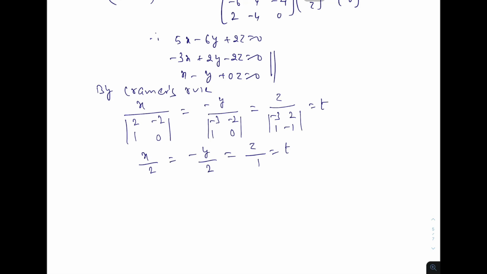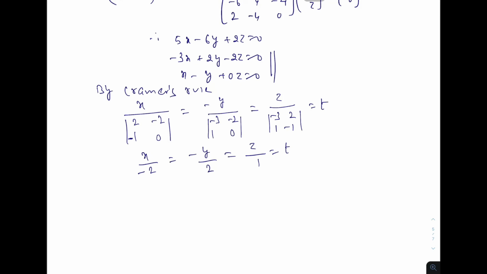Okay. So now let us just verify again. So for x, this is 2, minus 2, this is minus 1, sorry, this is minus 1 and 0. So here the coefficient is 2, minus 2, then minus 1 and 0. Okay, so that is a 0 and this is a minus 2, so this is minus 2.